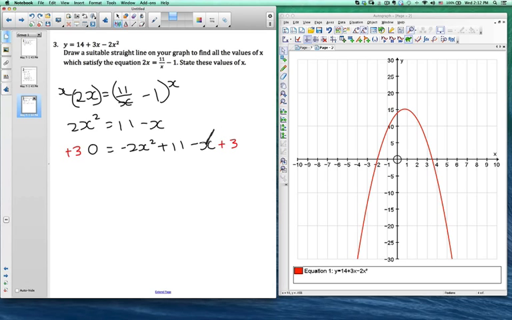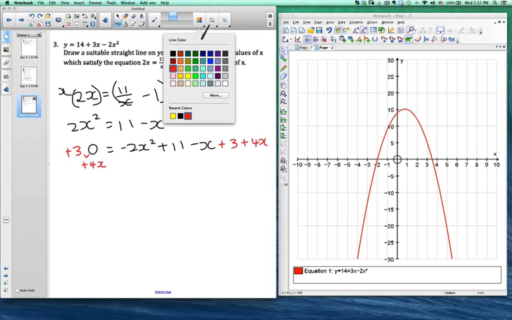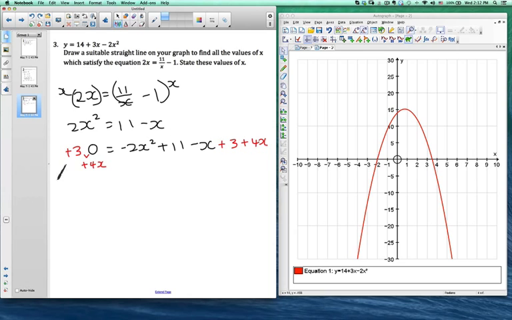So I want to get positive 3x, and I plus 4x here, and of course at the same time I plus 4x here. Let me change back to black color. Roughly, here I write nicely, this one is 4x plus 3, isn't it? And here I rearrange it to let you see clearly. So this one, 3 plus 11, I got 14.